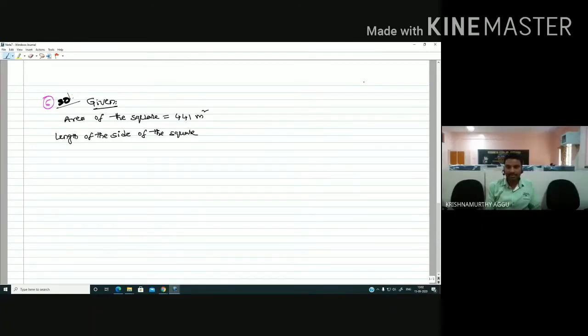Okay. Before going to that, let us go to the basic concept. Suppose you draw a square. Let us draw the square picture.